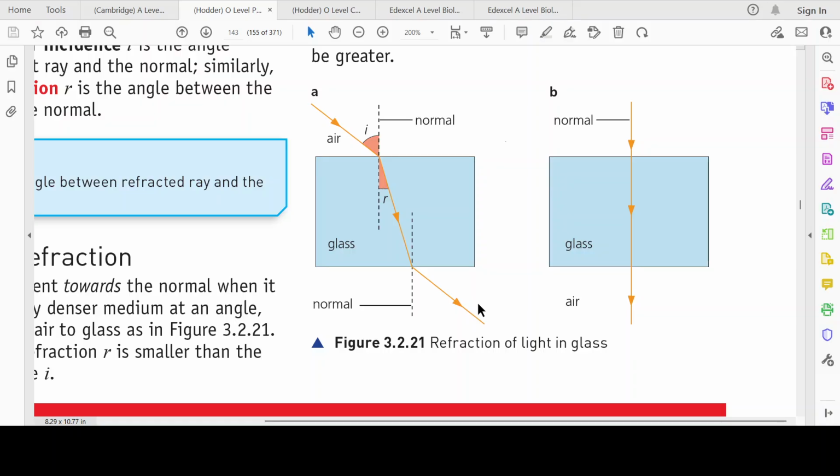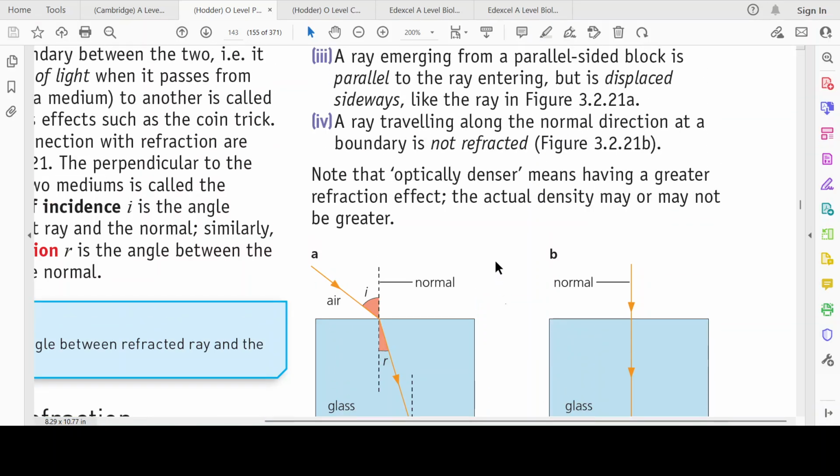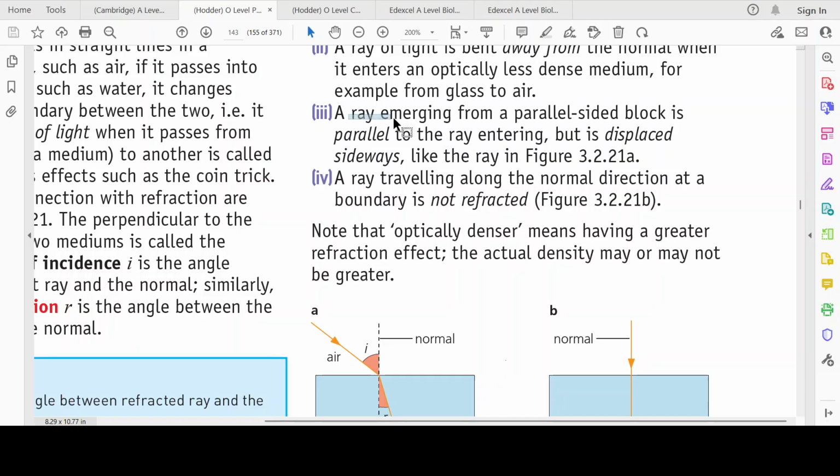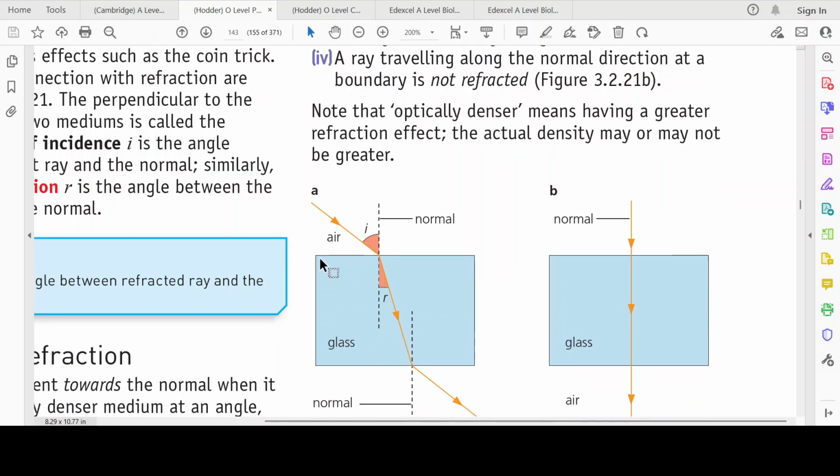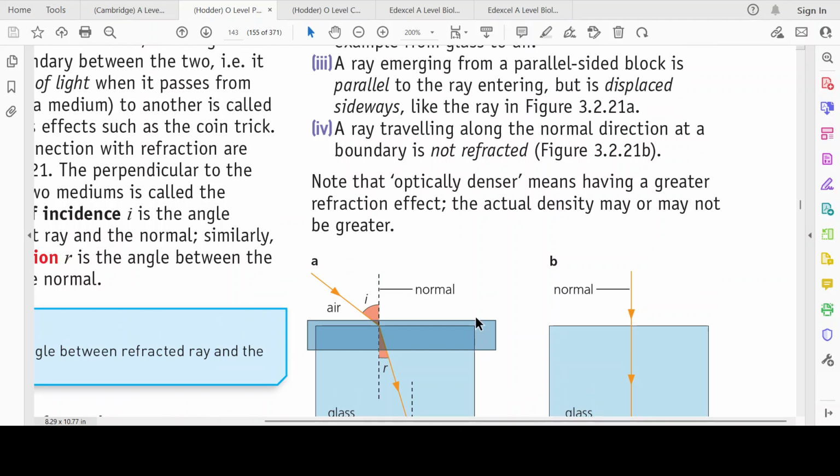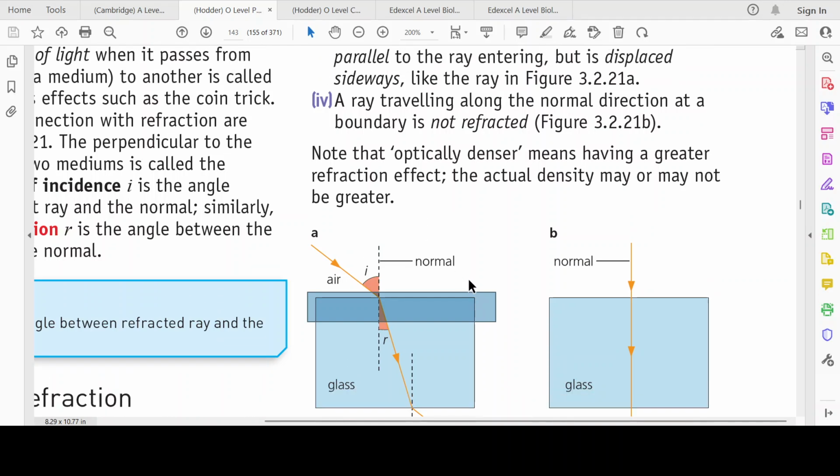The third thing they mention is a ray emerging from a parallel sided block. So this is the parallel sided block. These two sides are parallel, because these are the sides that the ray is passing through. The emerging ray is parallel to the ray entering.